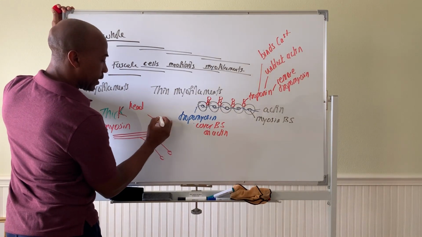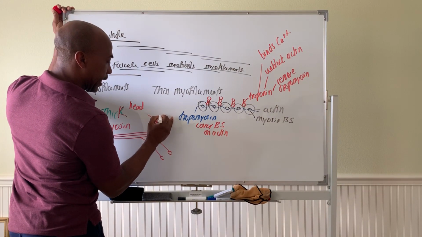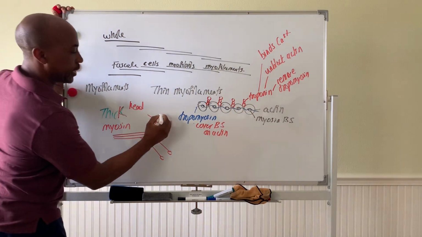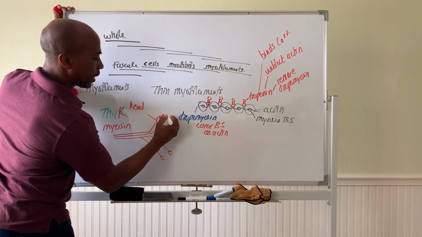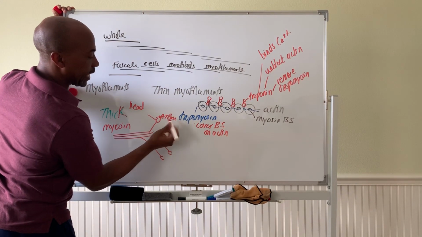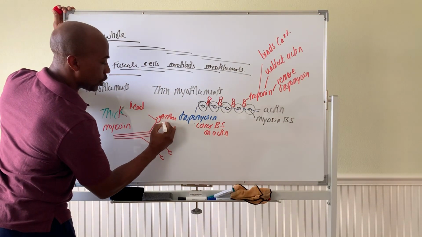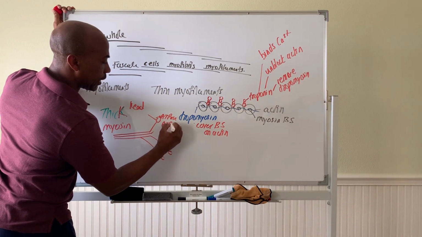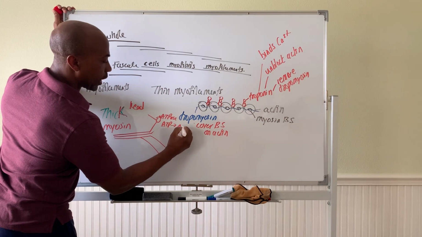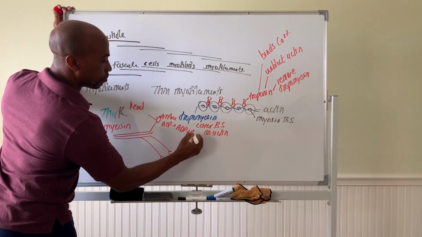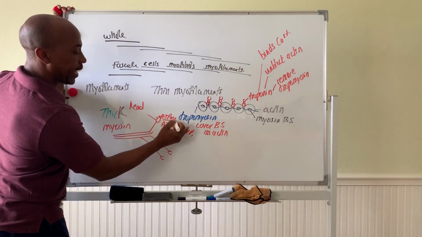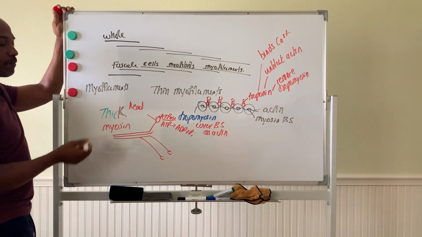So the head has a part called ATPase. That's an enzyme whose job it is to convert ATP to ADP plus Pi. That's what that enzyme does, ATPase, which is an enzyme in the head of myosin.